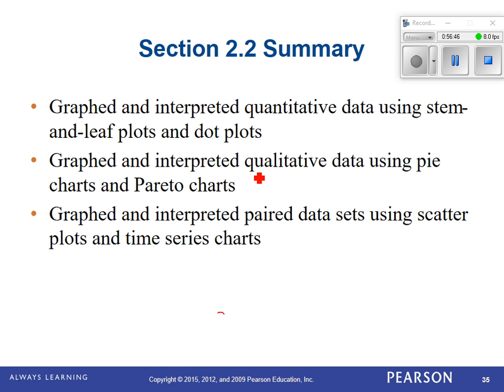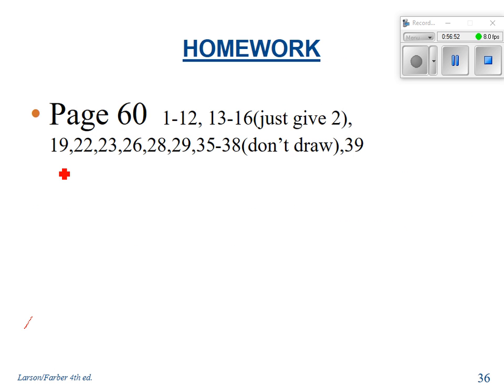Summary: stem and leaf plots, dot plots, charts, time series, those are what we covered, nothing really hard. Let's skip to problems 13 through 16.